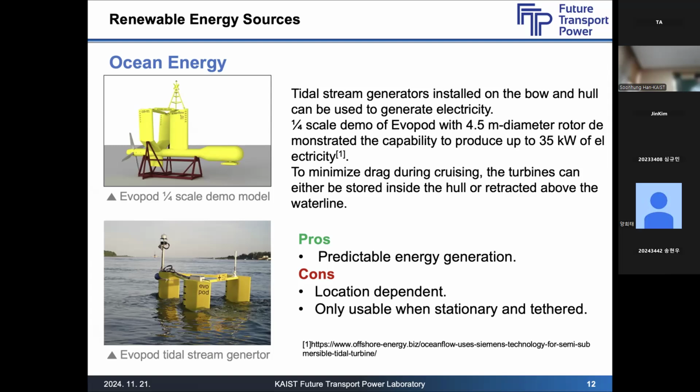However, like other renewable energies, it is largely location dependent and only usable when stationary or tethered. With the generator extended under the sea line, it would introduce a tremendous drag. So it may not be a good idea to cruise with the generators extended.